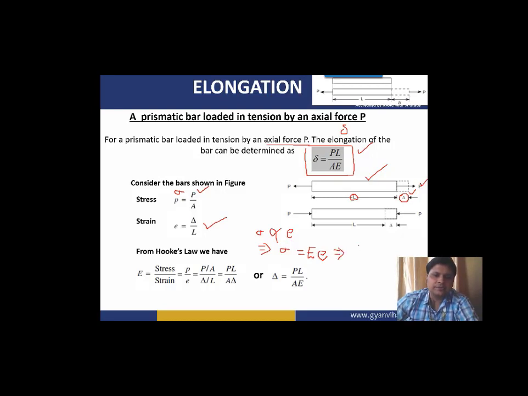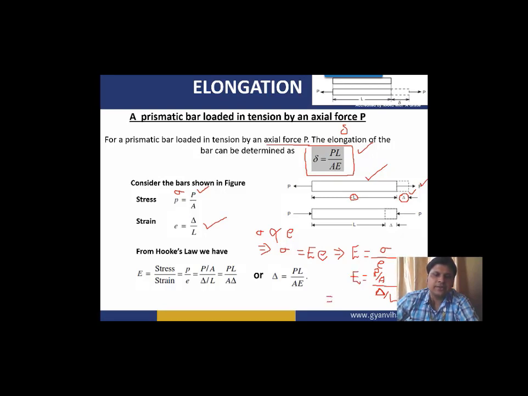If someone asks you what the modulus of elasticity is, it is stress by strain. Stress is P by A, divided by strain, which is change in length upon original length. Let that change in length be delta. So P by A divided by delta by L will be your modulus of elasticity E.